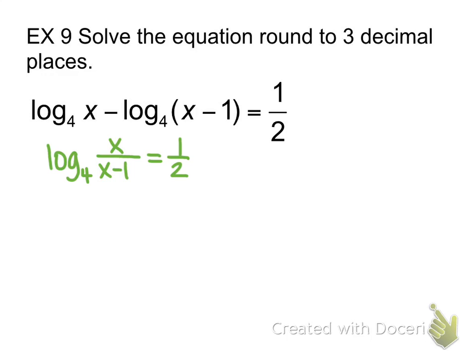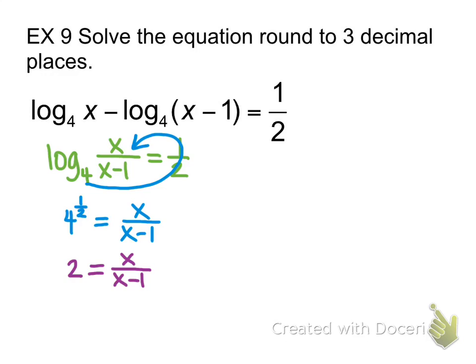Okay, now I have a log equals a number, so I can rewrite using exponential. 4 to the 1/2 power equals x over x minus 1. Well, 4 to the 1/2 power is the same as taking the square root of 4. And we know that the square root of 4 is 2. So now I just need to solve my equation.